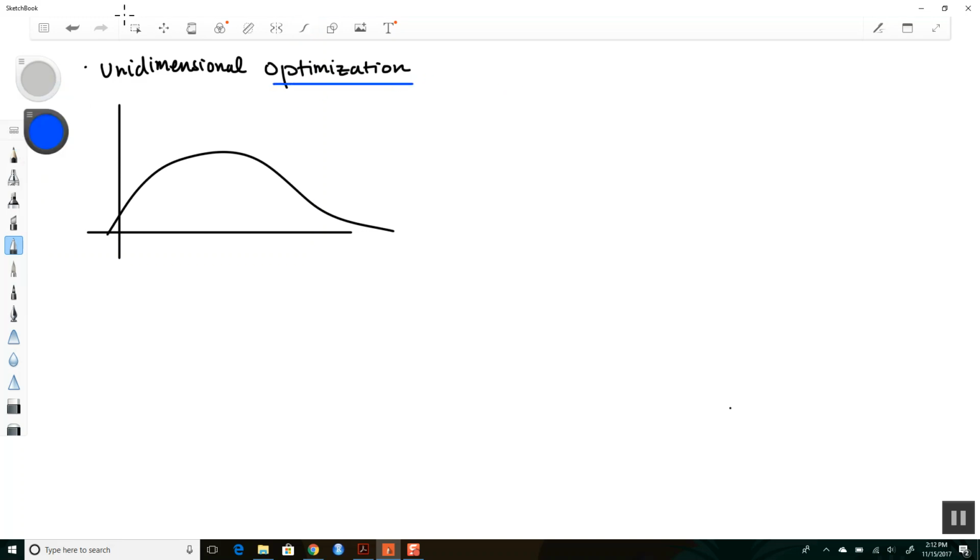This just translates to finding local minima or maxima. That's all it is.